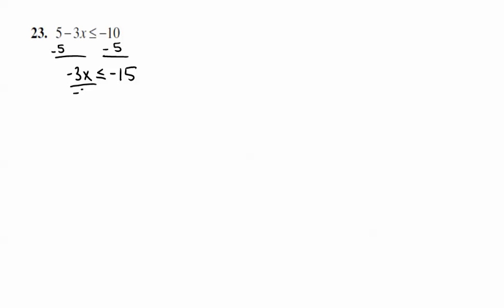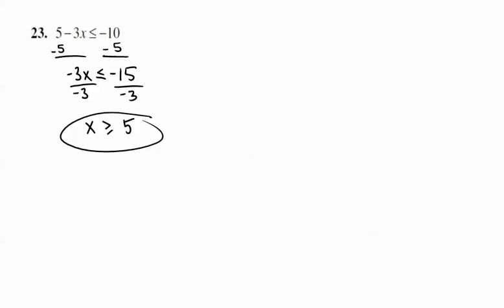But here we go. Now we're going to divide by negative 3. And so right away I'm going to flip the sign, and negative 3 over negative 3 is just x. And then negative divided by negative, 15 over 3 is positive 5. So x will be greater than or equal to positive 5.